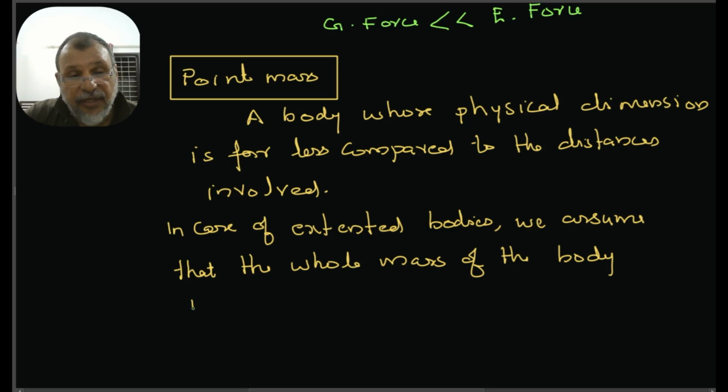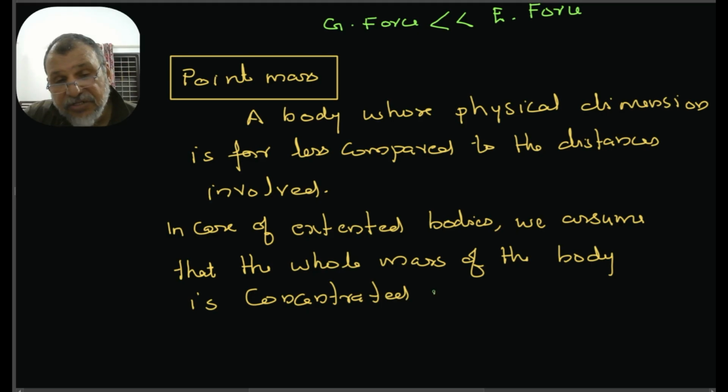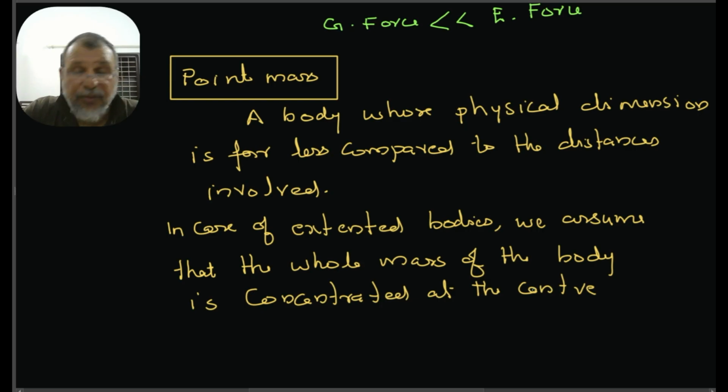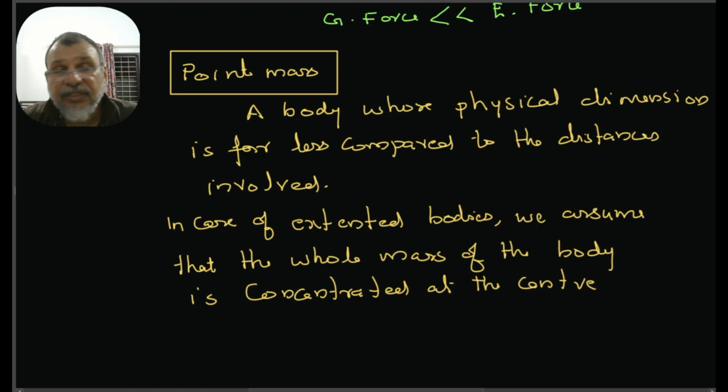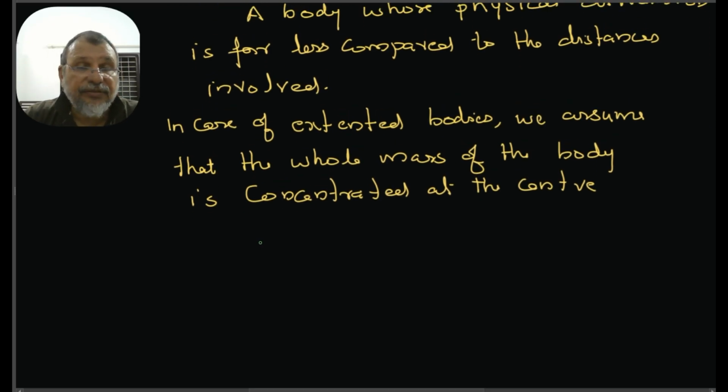So this is one of the reasons we can see that the gravitational force acts between the centers of mass of the two bodies. This is a basic idea. So this is one of the important characteristics. Now we'll see some of the characteristics, the properties of gravitational force.